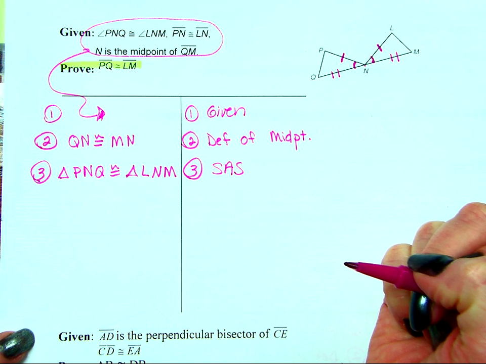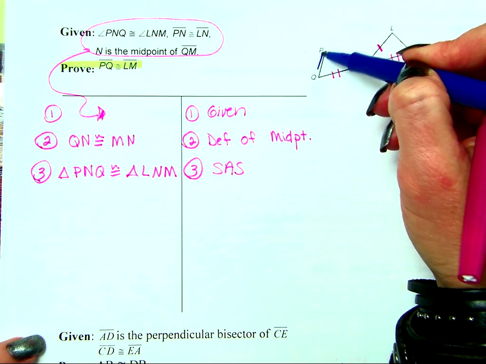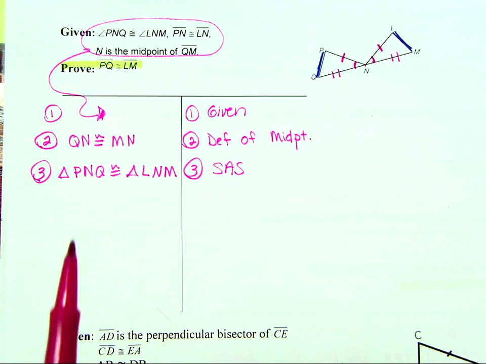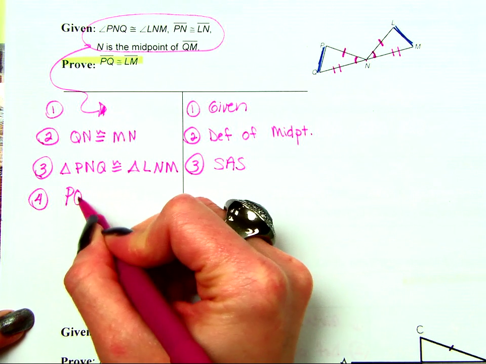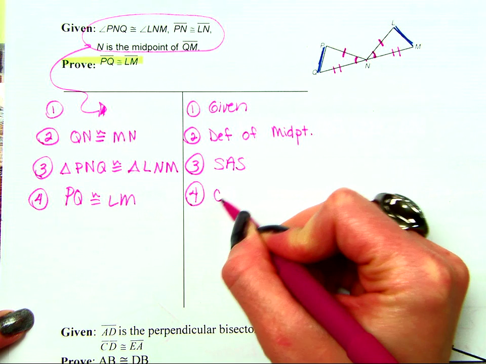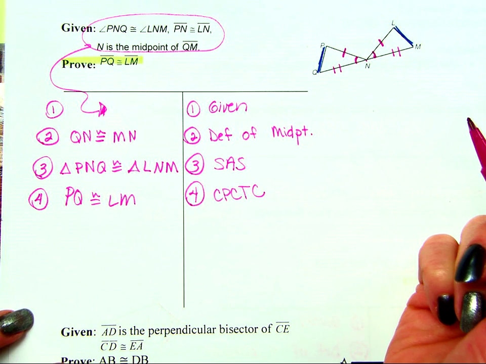Which then would allow me to say that my segment PQ here must be the same as my segment LM. And so in step number 4, PQ must be congruent to LM, once again by CPCTC. Corresponding parts of congruent triangles are congruent.